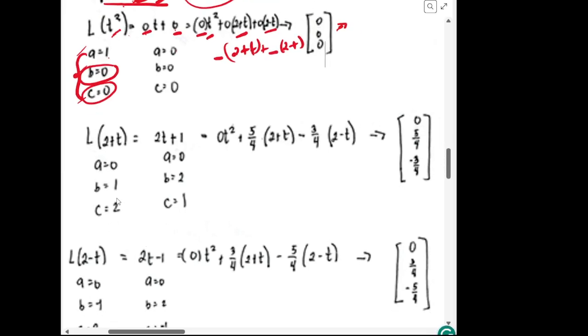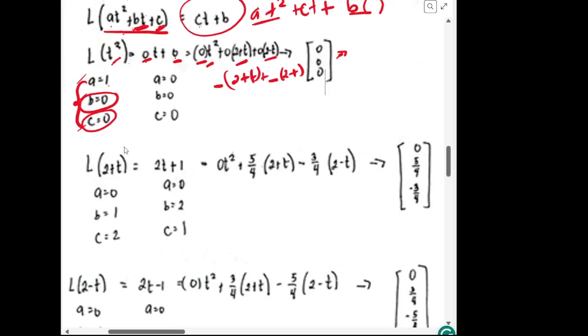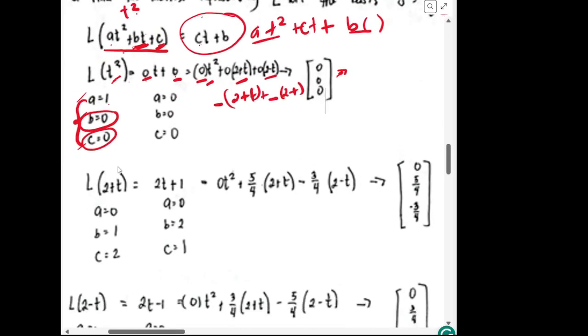Now, the same, what will happen here sa aton nga 2 plus t naman. Okay? For 2 plus t, para mag 2 plus t dire sa transformation naton from the given, of course, a should be 0, kay 2 lang, okay?